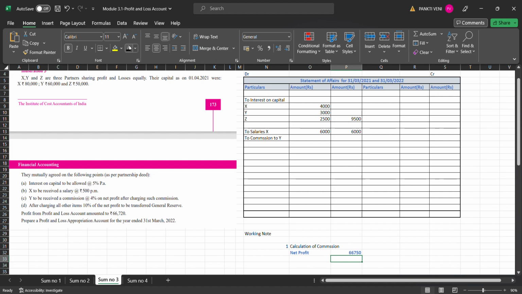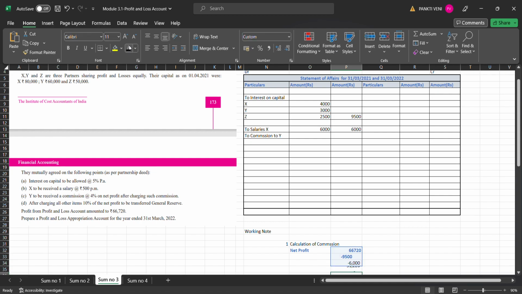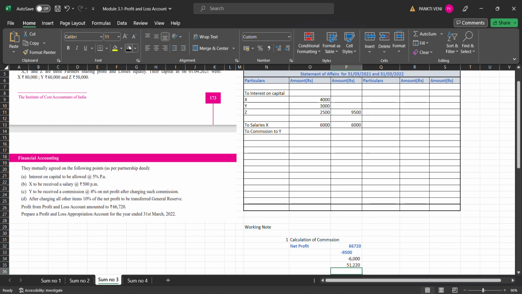What they have mentioned is after charging such commission. So 9,500 is an expense, interest. Out of 66,720, I'll remove 9,500. I will remove my 6,000 salary amount. So I'll get the balance as 51,220.